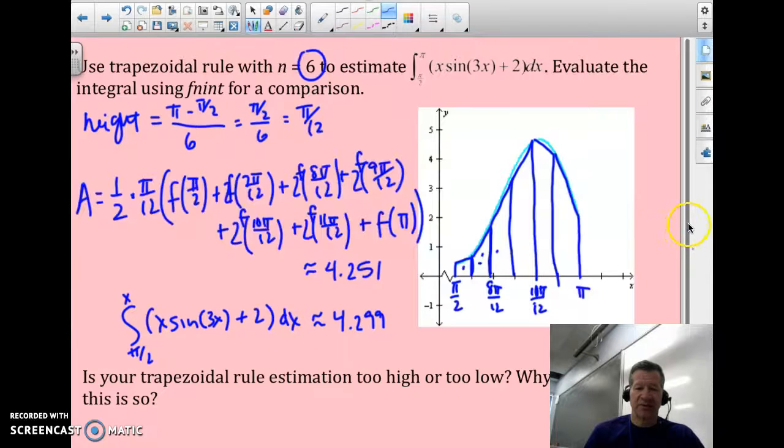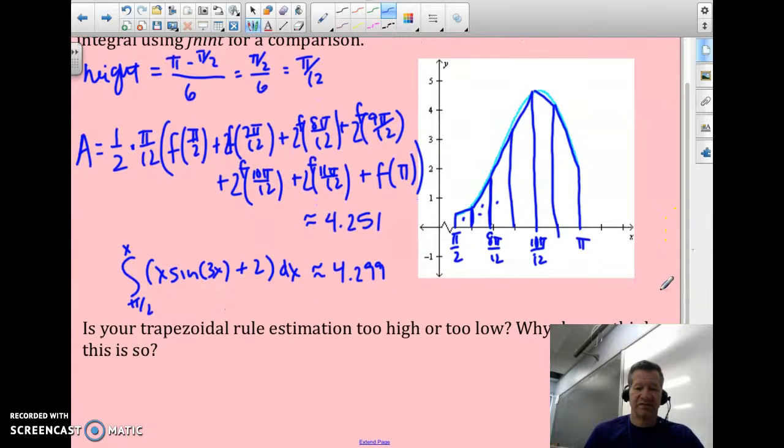Now, is your trapezoidal rule estimation too high or is it too low? Well, you notice it's a little bit low. Not a lot, but a little. And the reason for that is, other than the very beginning here, the majority of the graph is concave down. When you have a concave down graph and you attach those endpoints, you notice there's going to be a little gap above.